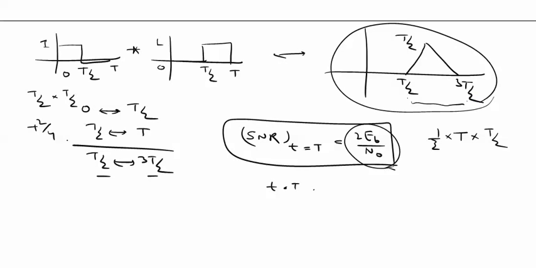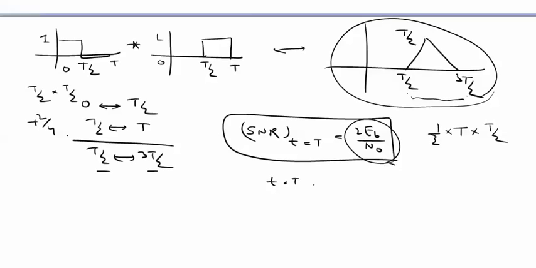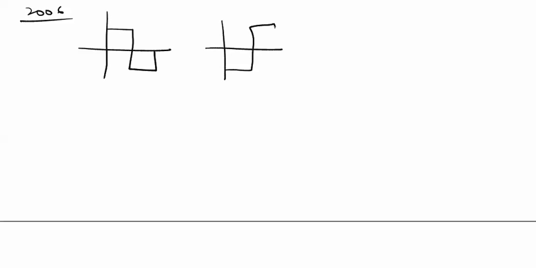Move to the next question, GATE 2006. A pulse pattern is given to us, and we calculate the matched filter output response for this. We already discussed the matched filter impulse response of this pattern, which is A, minus A, with T by 2 and T. We want to convolve these two patterns.